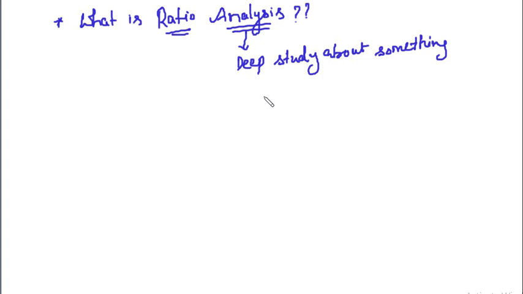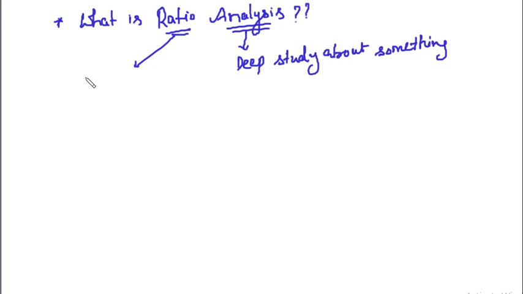That is analysis. Now what is a ratio? Now this is one big question before we start doing some practical problems, before we start studying ratio analysis. First you should understand what is ratio analysis. I told you analysis is the deep study about something. Now if we talk about ratio analysis, what we are going to do deep study about under ratio analysis?